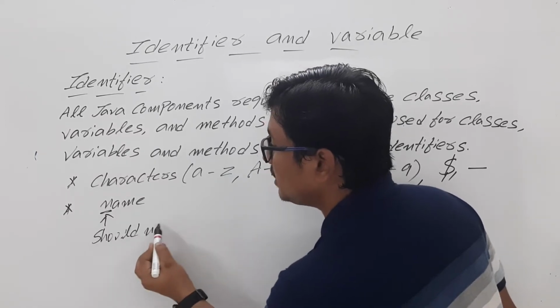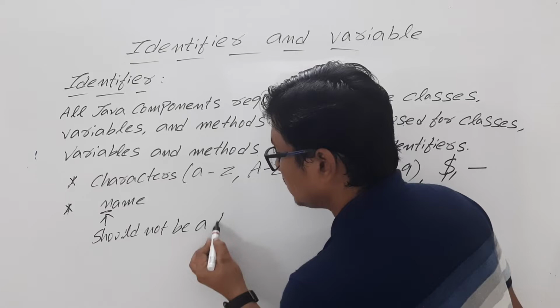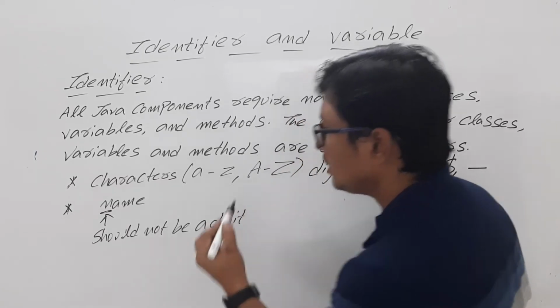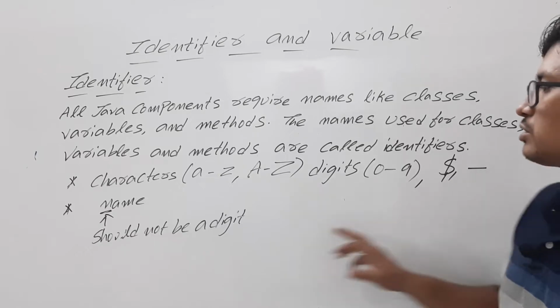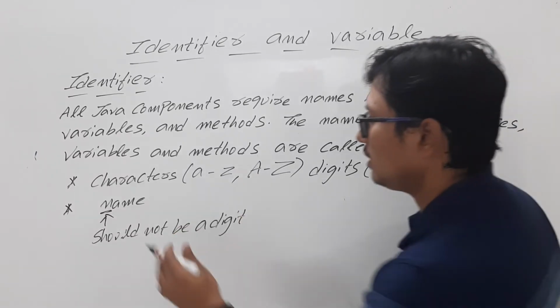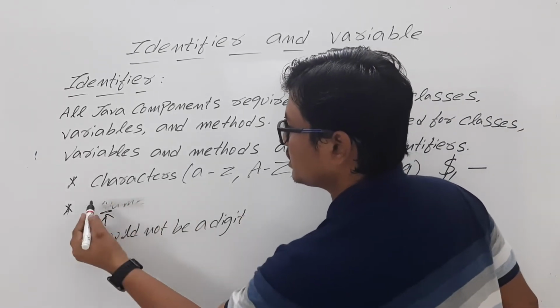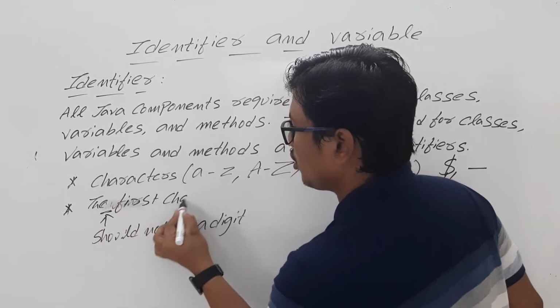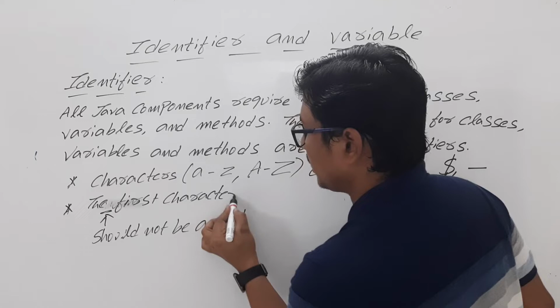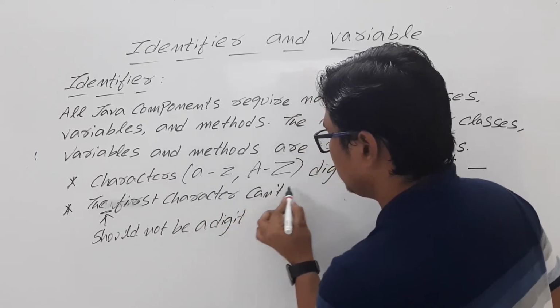It can be a dollar or underscore or a character. So let me write it in a generalized way: the first character cannot be a digit.